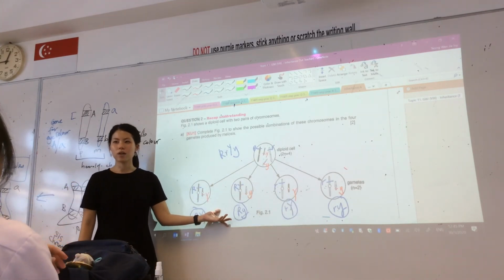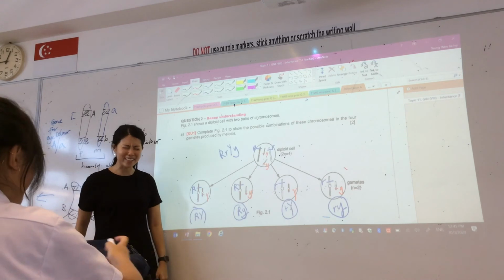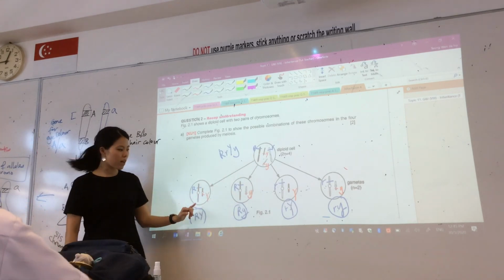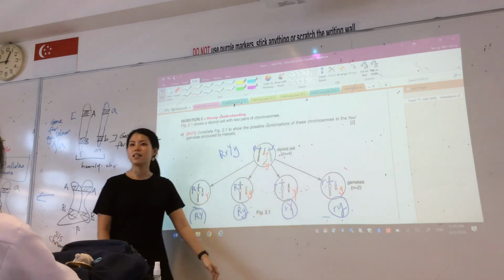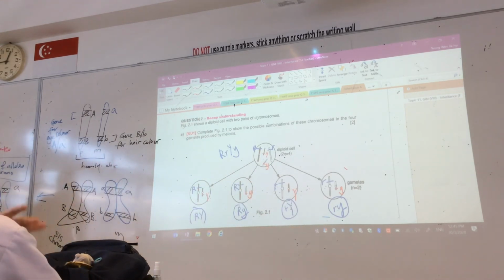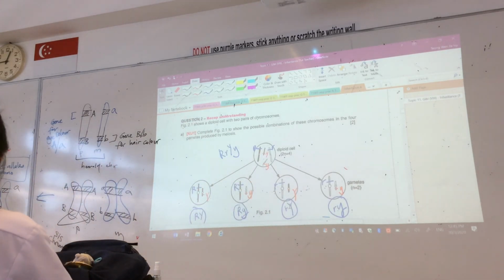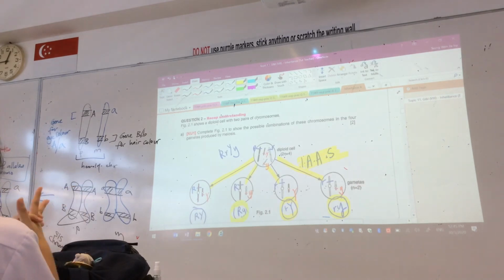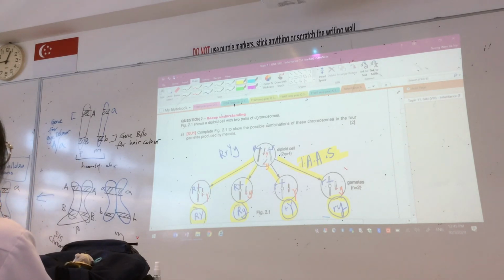It's nothing to do with crossing over. I don't know why everybody says that. How come you get these 4 gametes? Yes, it's due to independent assortment and segregation. Right, the reason why you can form 4 different types of gametes from this cell is due to independent assortment and segregation, i.e. Mendel's laws.